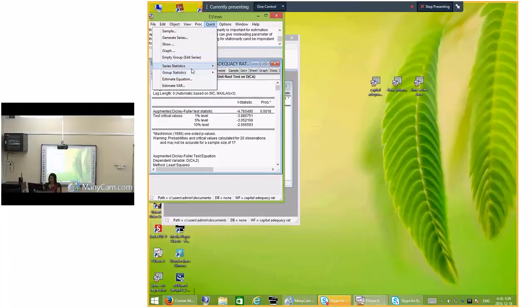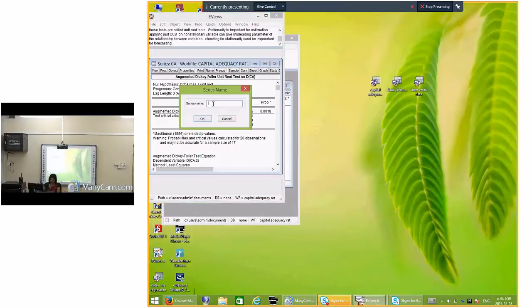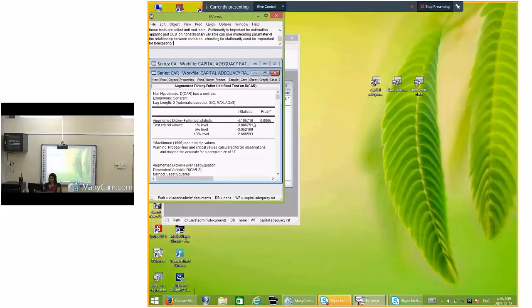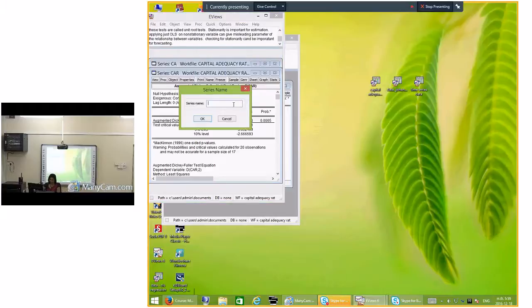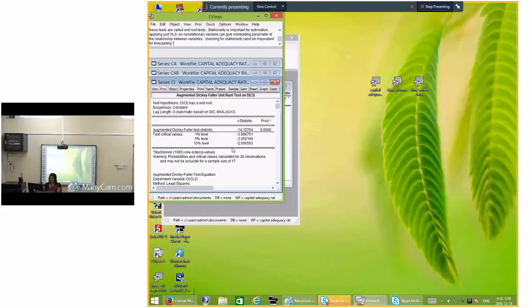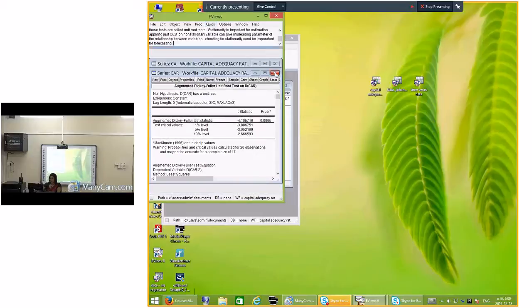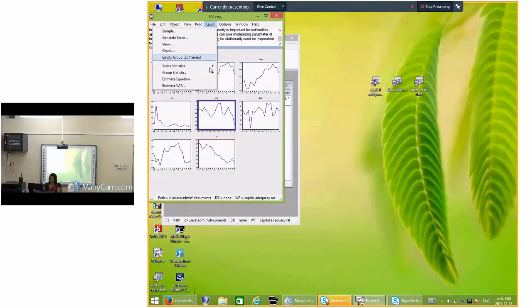Series statistics and unit root, CAR. It is also okay, stationary. Then CI, it is also okay. Then go to the next variable, unit root, for each variable separately.